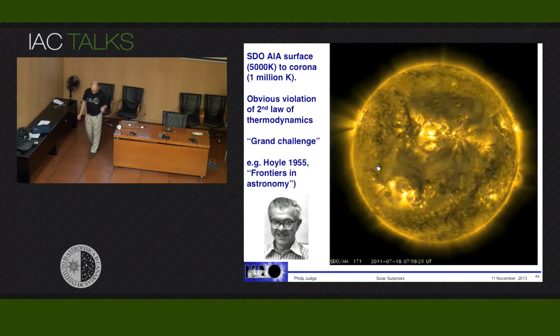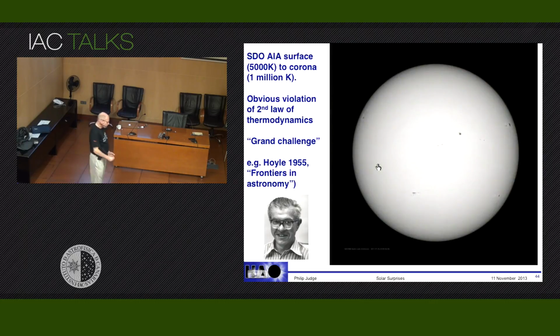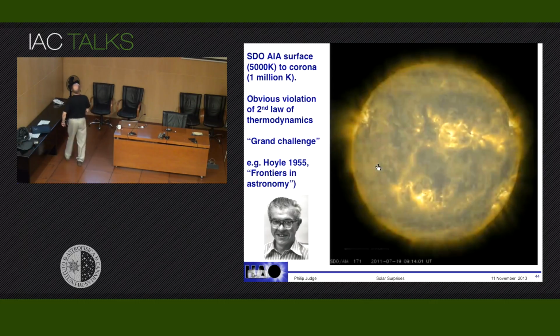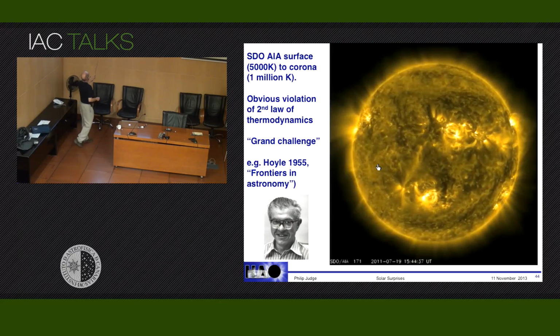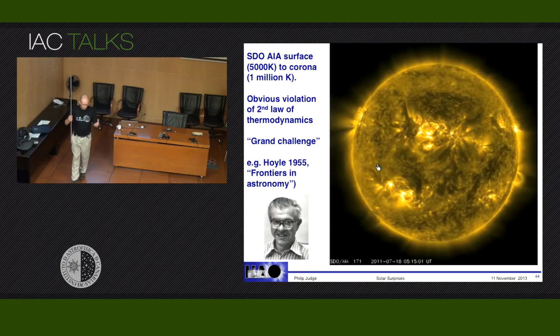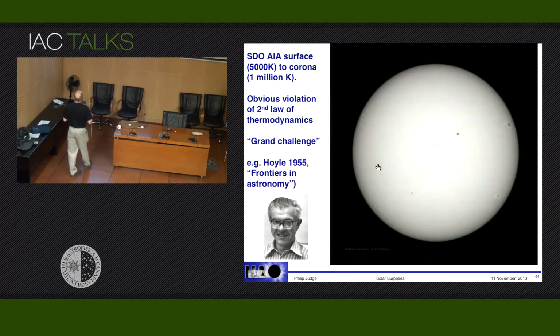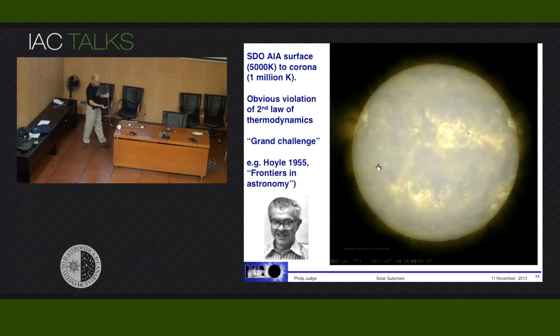One of the arguments that Parker uses, and he wrote a paper explicitly on this in 1988, is to say that the corona, as seen here, exists because of almost ideal MHD existing in the layers above the surface of the sun in a low beta plasma.